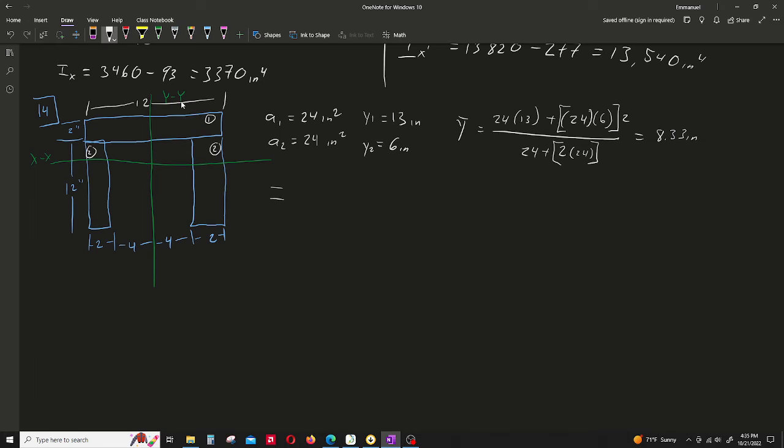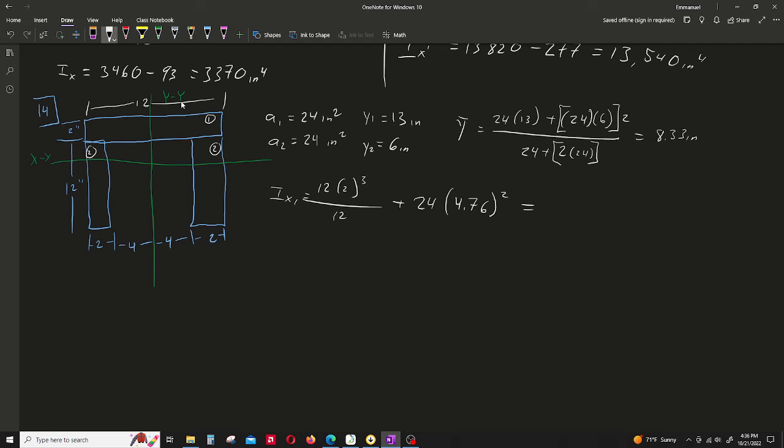All right, Ix1 is going to be equal to 12 times 2 to the third power, divide that by 12, plus 24, which is our area, times d, which is 4.76 in this case, squared. If you guys have any troubles locating or solving for d, it's not too crazy hard.